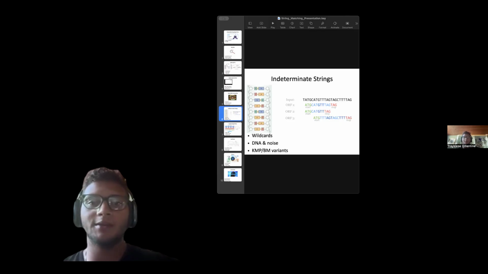They extend KMP and Boyer-Moore to handle these cases, creating what they call KMP-indet and BM-indet. These modified algorithms can effectively search even when uncertainty is built into the data. They tested them on real-world DNA databases and found that BM-indet often outperformed KMP in practice. This work highlights how algorithms evolve to stay useful when the problems themselves change in nature.